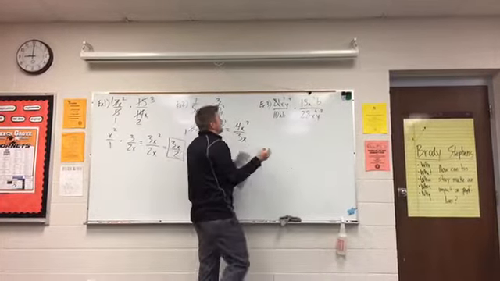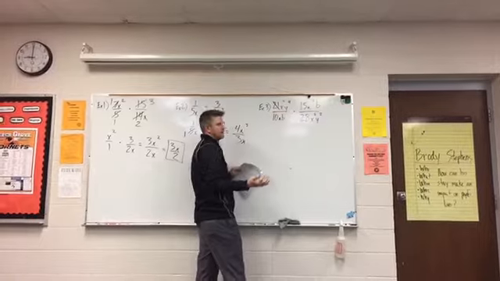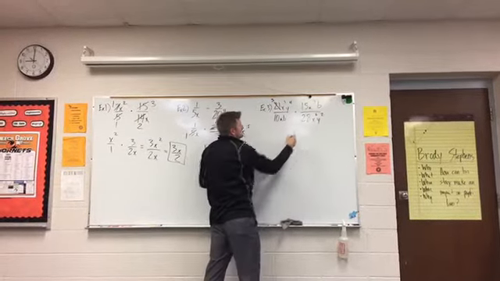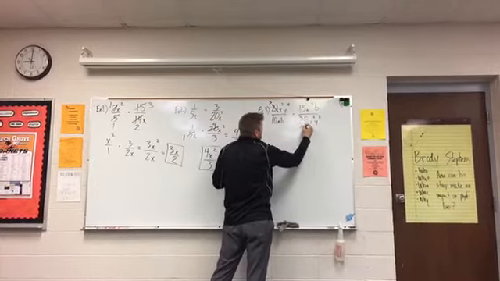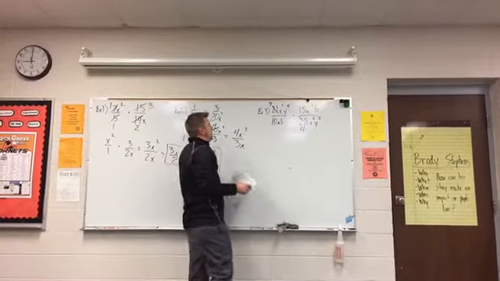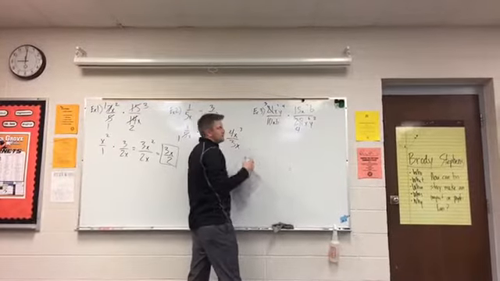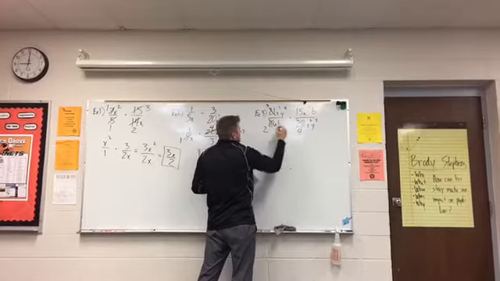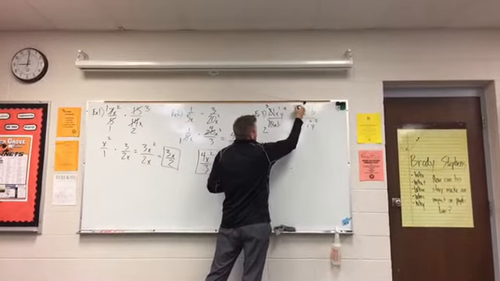Okay, 21 and 28, the greatest common factor would be 7, so I can reduce 21 to 3 and 28 to 4, because I divided both those numbers by 7. Alright, 10 and 15, greatest common factor is 5, so this becomes a 2. This becomes a 3.